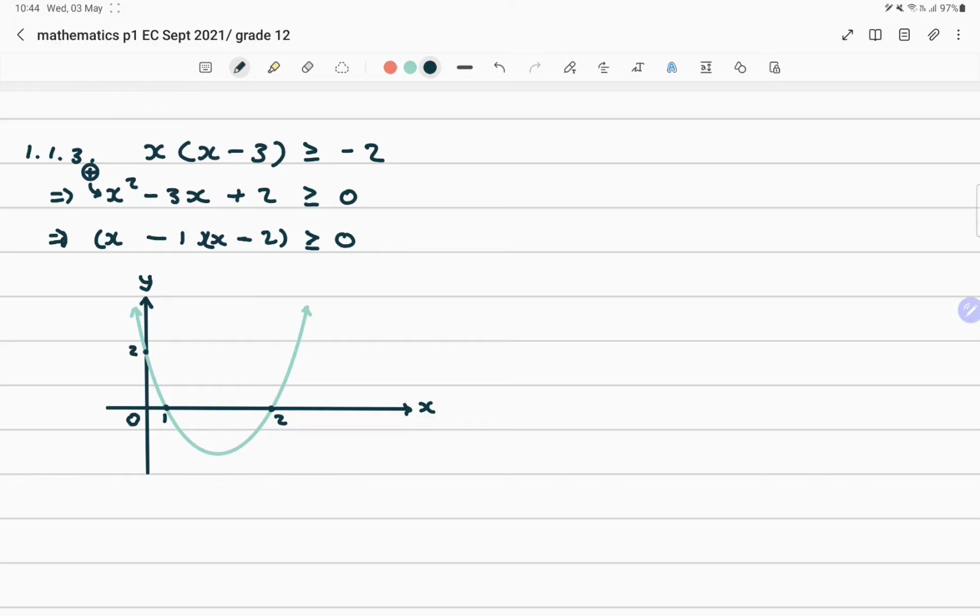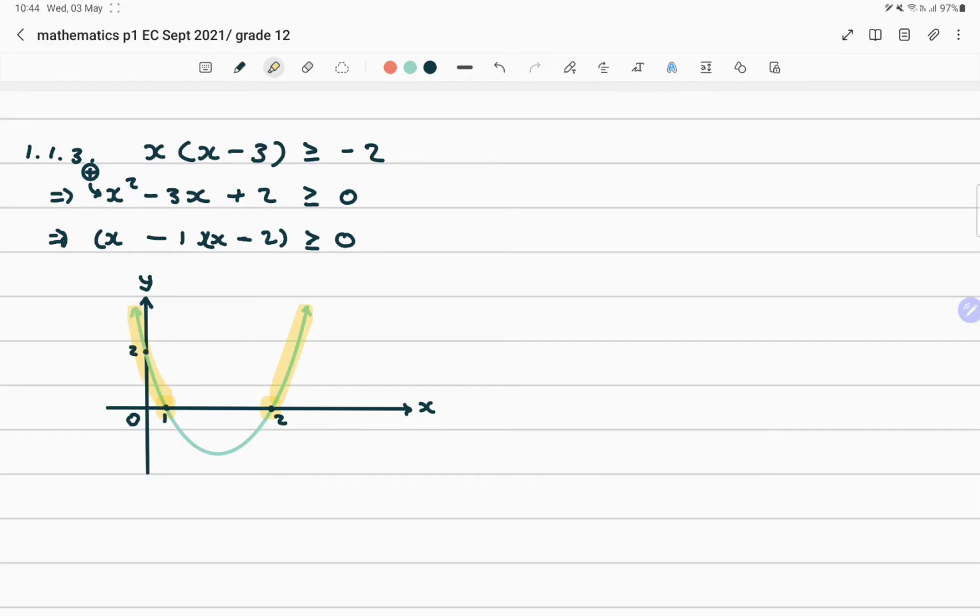So now what are we looking for? We're looking for x values where this is either at 0 or greater than 0. This is happening here and all the way, and then it's happening here and all the way.